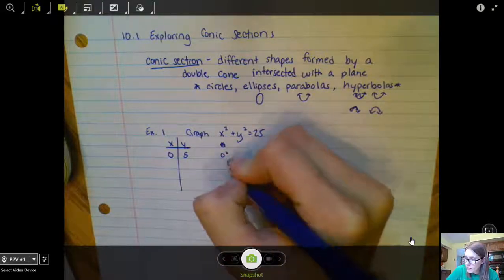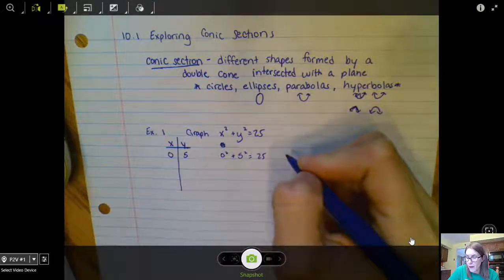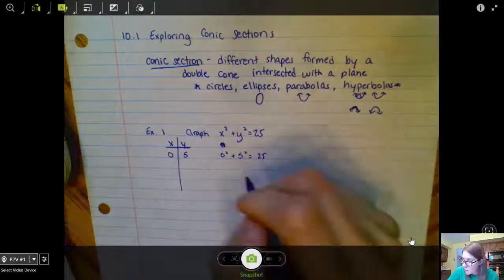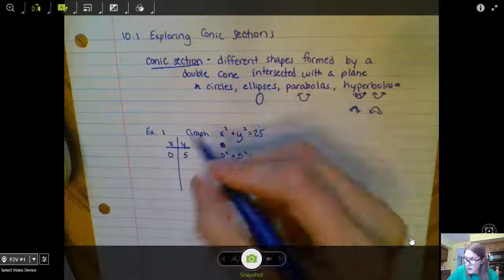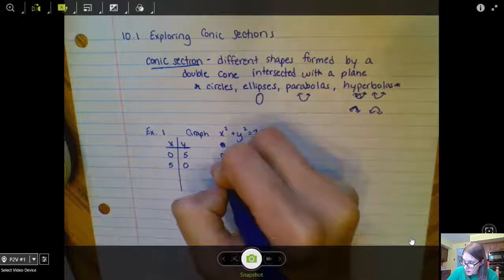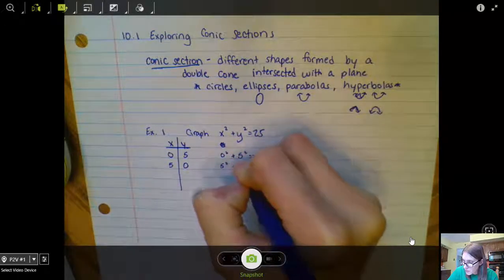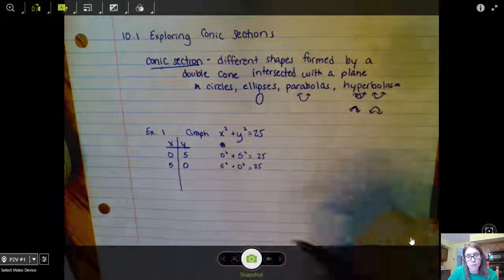I'll write it here. 0 squared plus 5 squared is 25. That works, because 0 plus 25. That works. I could do 5, 0. 5 squared plus 0 squared. 25 plus 0. That works.